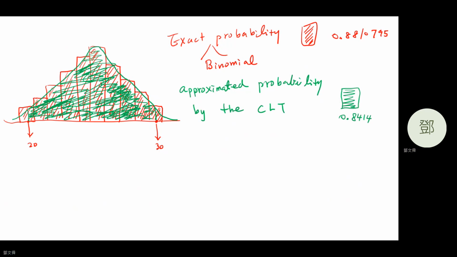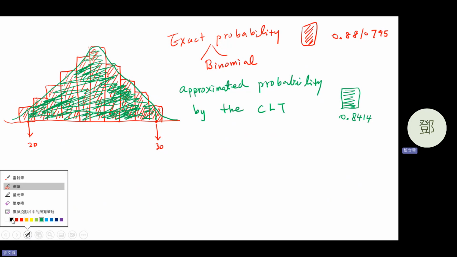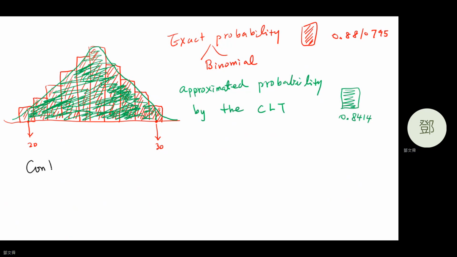So this is called continuity correction. Continuity correction can fix the problem. Okay, so this is the probability.